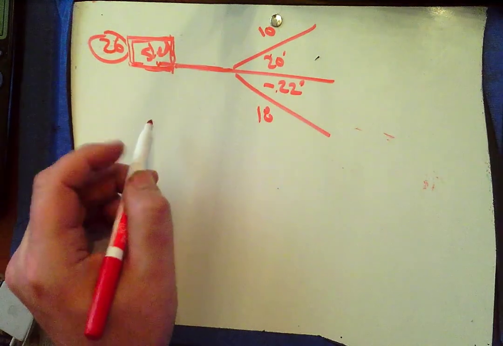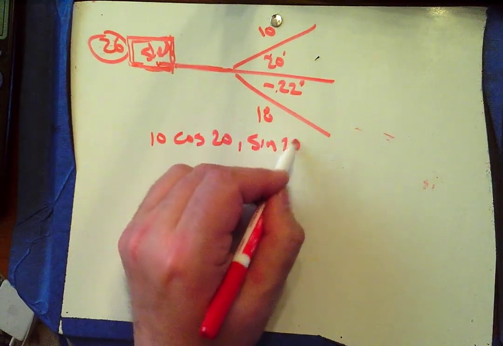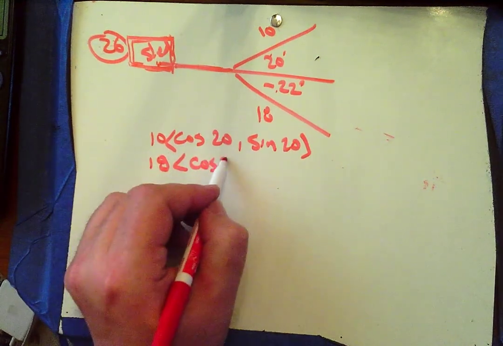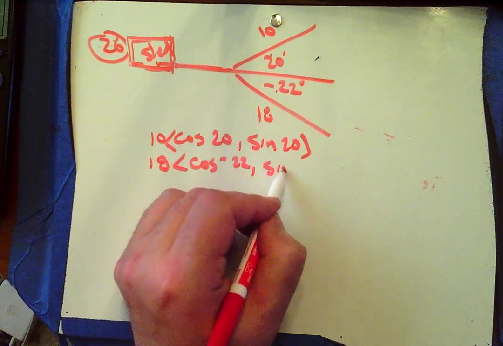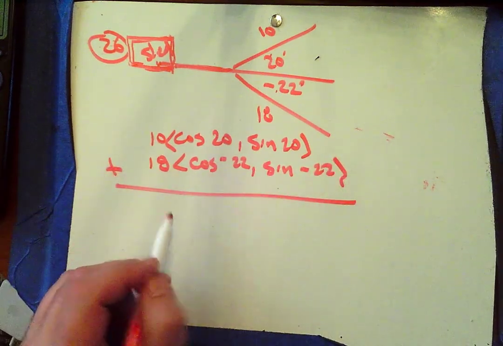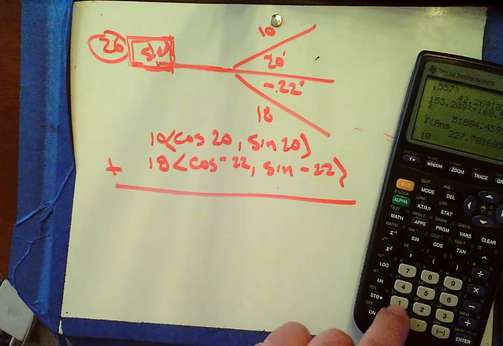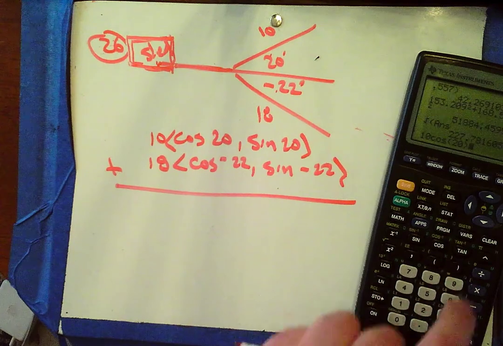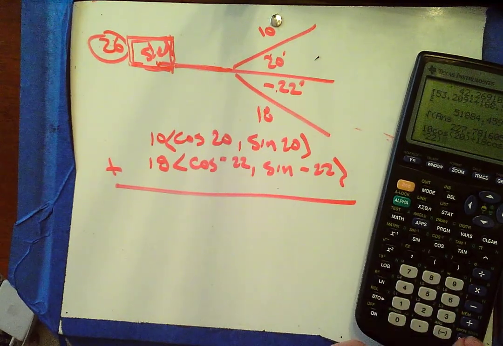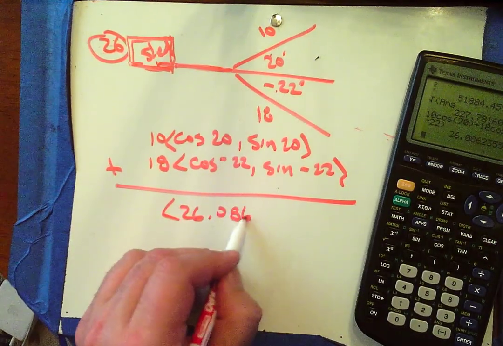So we know 10 cosine 20, sine 20, and we know 18 cosine negative 22, sine negative 22. And we want to add these together. So 10 cosine 20 plus 18 cosine negative 22, and I get 26.086.